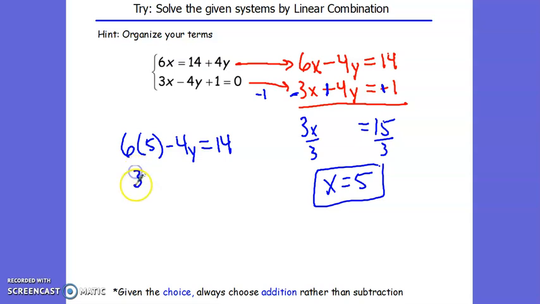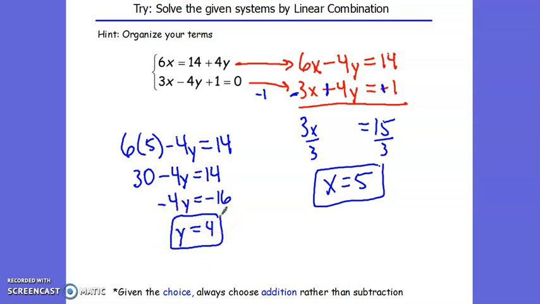Which means here 30 minus 4y equals 14. If we subtract our 30, we're going to get a negative 16 on the right. And if we divide by negative 4, that'll make y on the left. And negative 16 divided by negative 4 would be positive 4 on the right. We now have the other half of our answer.